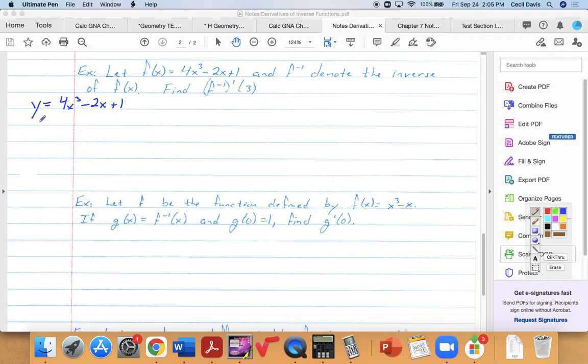Sound familiar? Good luck solving that for y. It turns out to not even be a function, I don't think you can write that as y equals some function of x.